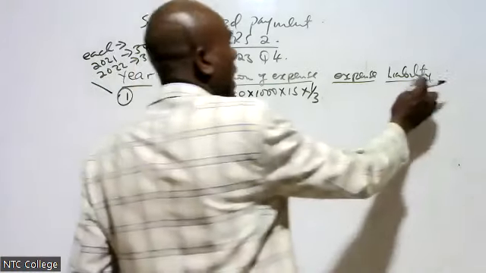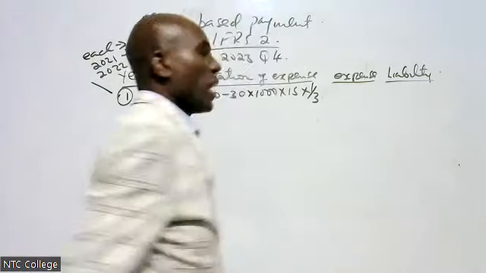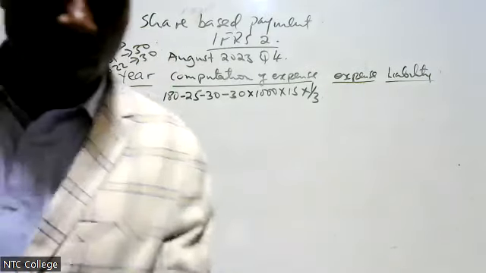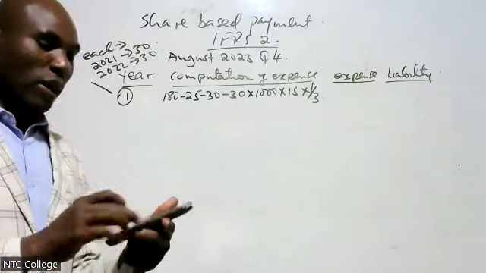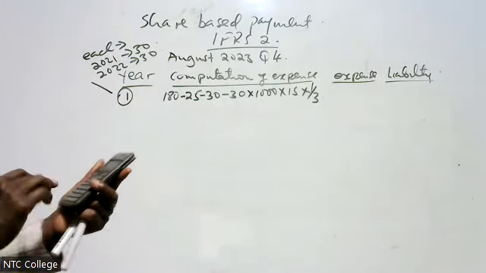Therefore, who can give us the liability and expense for year 1? And kindly, I said, you give an answer before your neighbor. That is the spirit. You give an answer always before your neighbor.